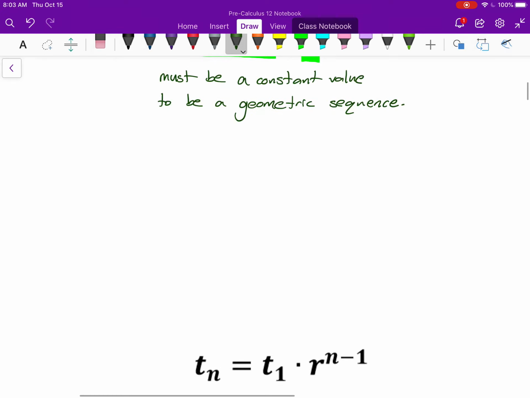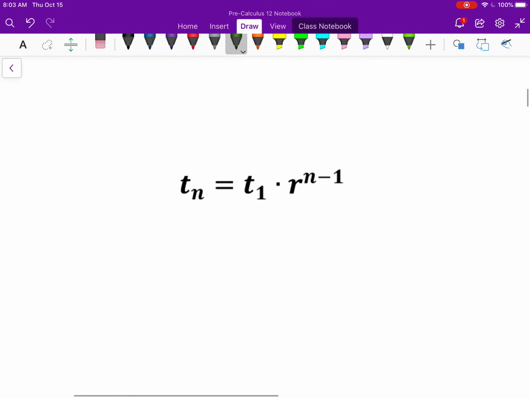And if it is a geometric sequence, this equation here will always relate the term number to the term. And so in this case, n again is the term number, r is the common ratio. In fact, I'll be consistent and highlight that in green. And T1 is the first term.